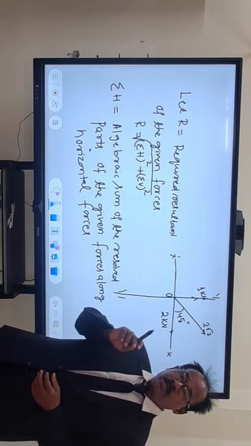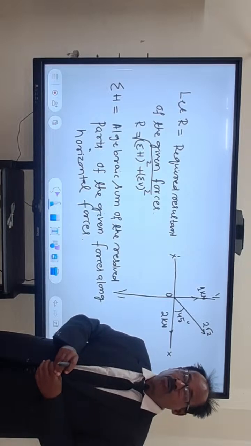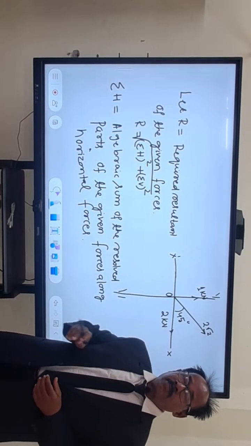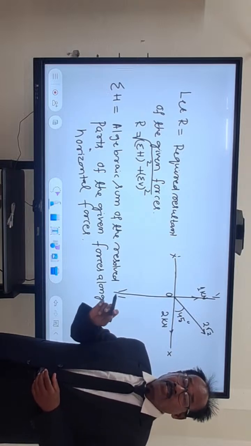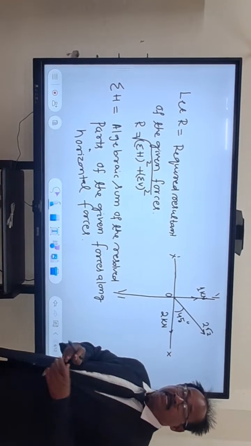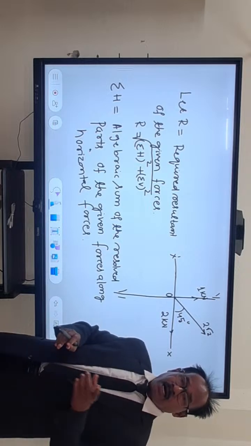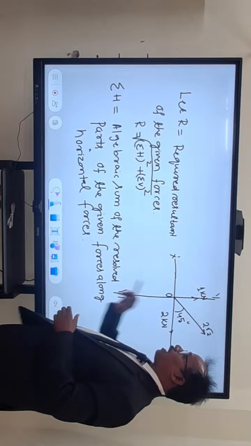R is equal to square root of delta H square plus delta V square. What is delta H? Delta H means the algebraic sum of the resolved parts of the forces along the x axis. What is delta V? This is the algebraic sum of the resolved parts of forces along the vertical axis.